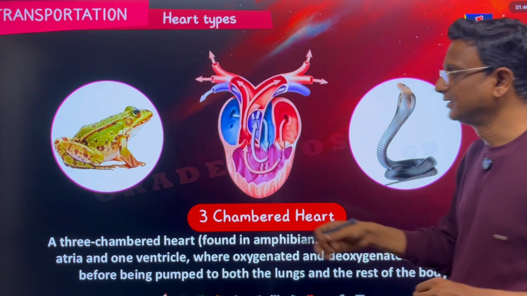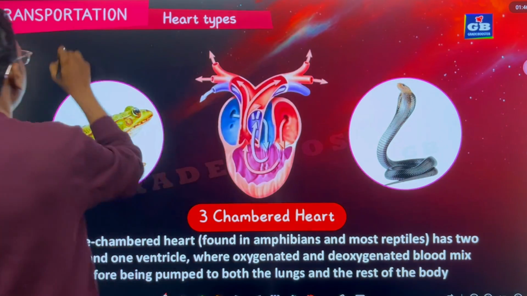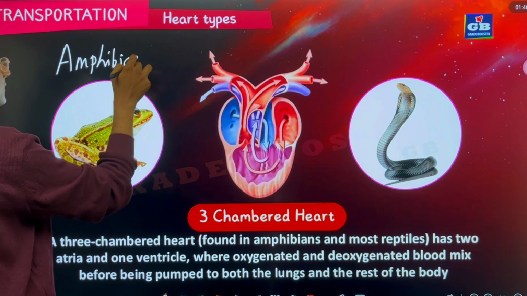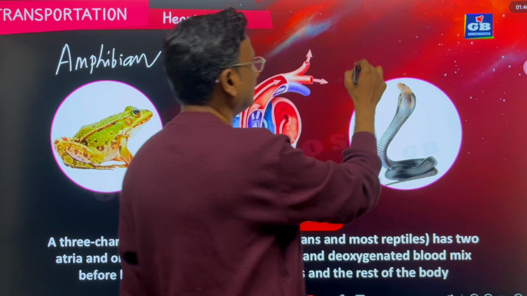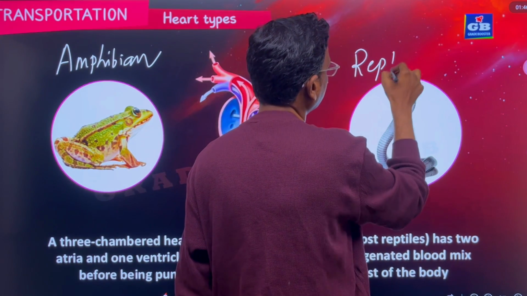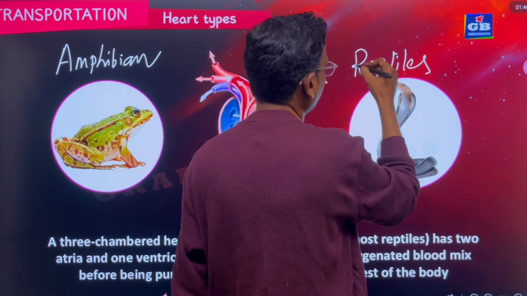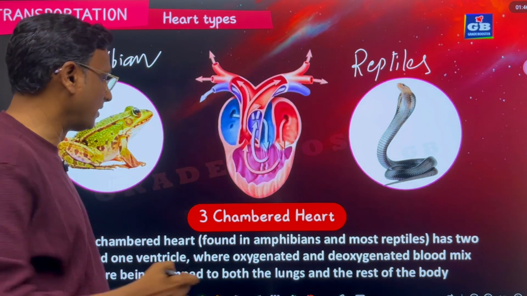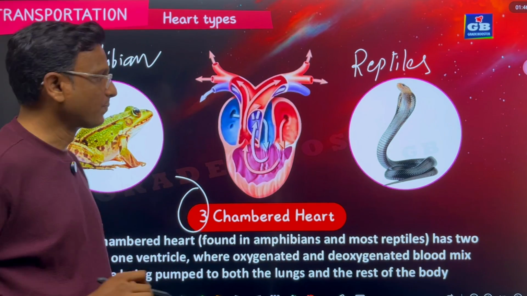Here we see frog. Frog is an amphibian. And snakes, reptiles. So in amphibians and in reptiles, 3-chambered heart, 3 chambers, only 3. What are they?